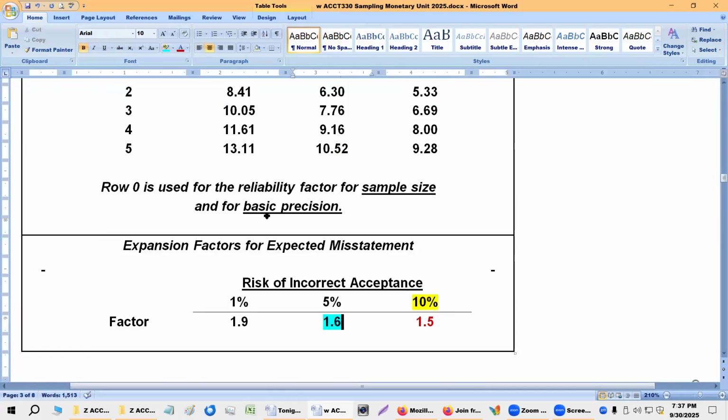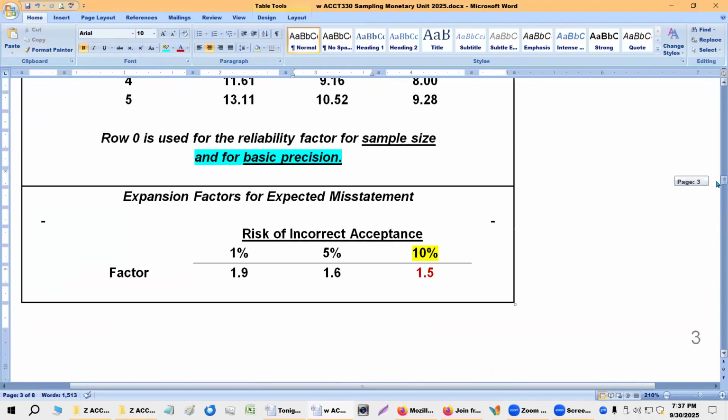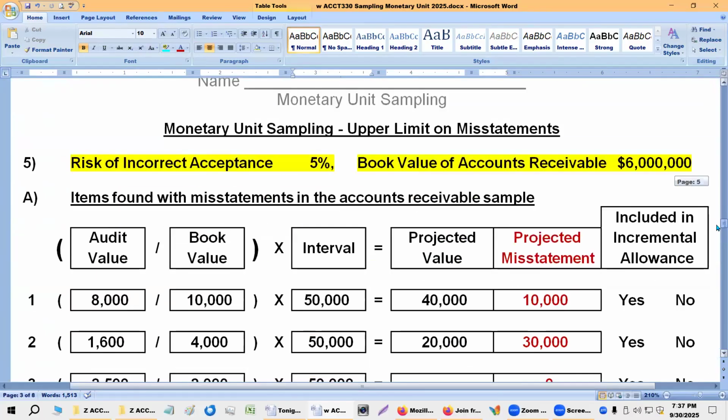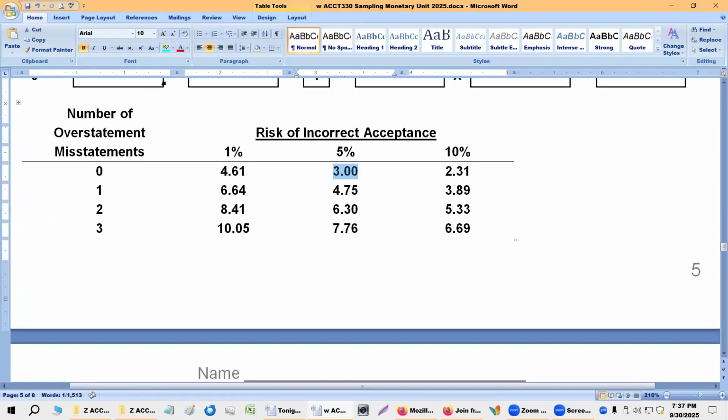That's marked at 5%. Sample size and for basic precision. I don't have the wording for it, but at 5%, and then it's at row 0.